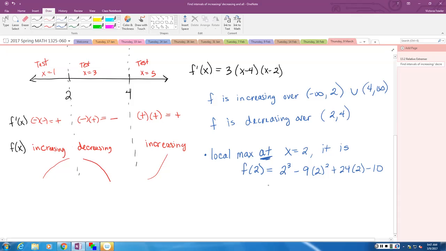And what do you get? 10. Okay, so I could go back and say the local max is at x equals 2. It is 10. Okay, that is my maximum. It's the y value. It's the function value.